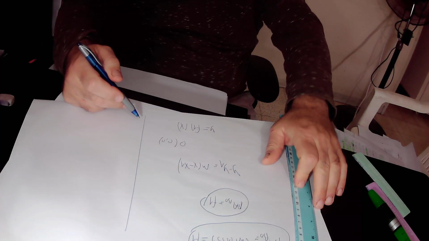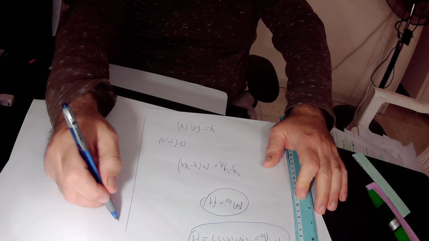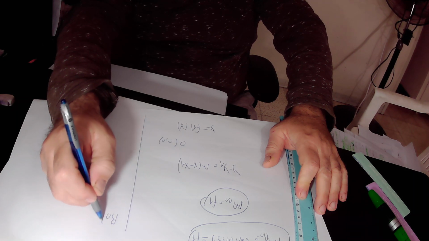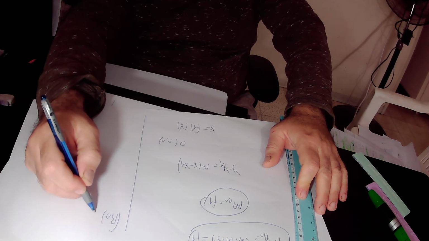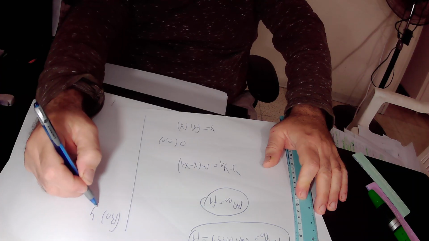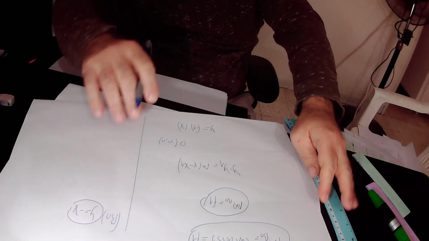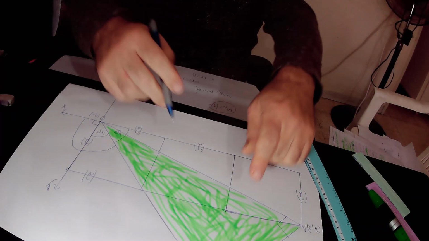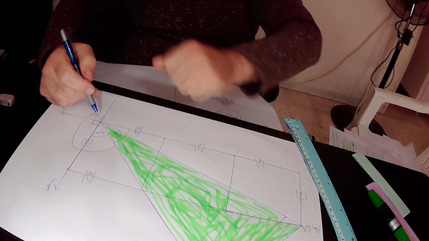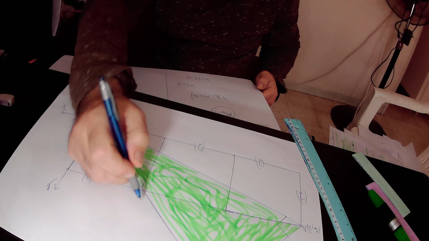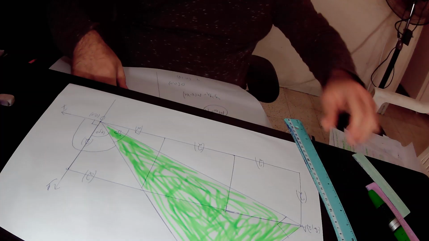So the equation of the straight line BO is y equals minus x. This is the straight line BO, and the function of this straight line BO is y equals minus x.